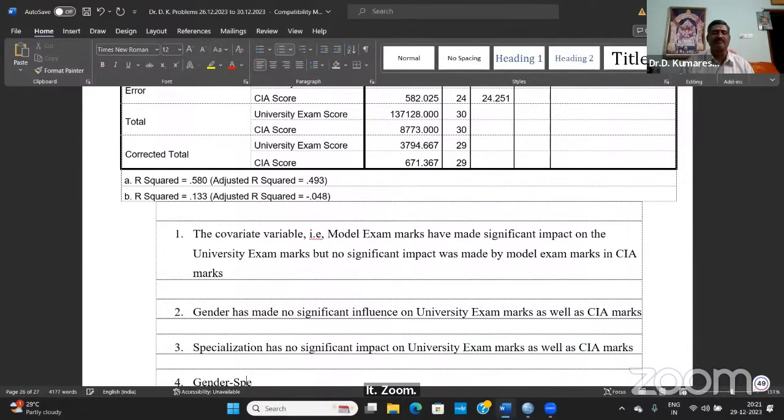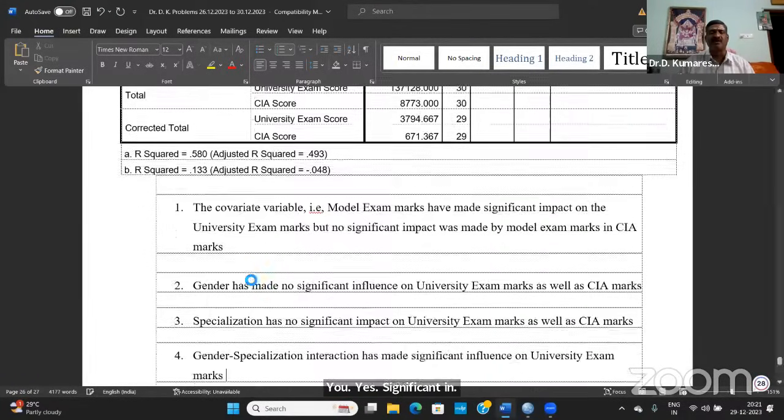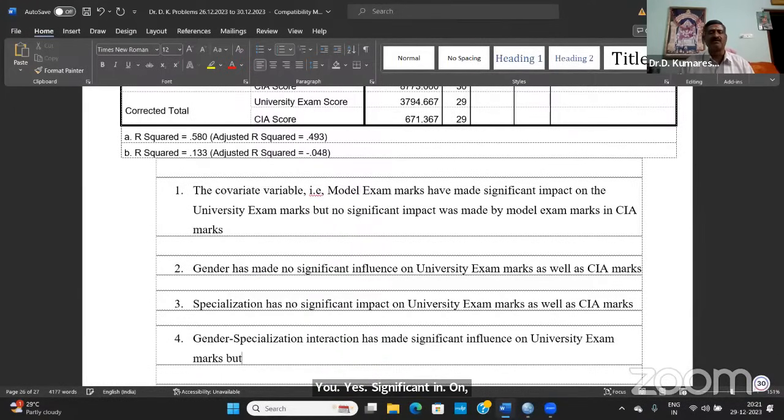Fourth one, gender-specialization interaction has made significant influence on university exam marks, but insignificant influence on CAA marks.